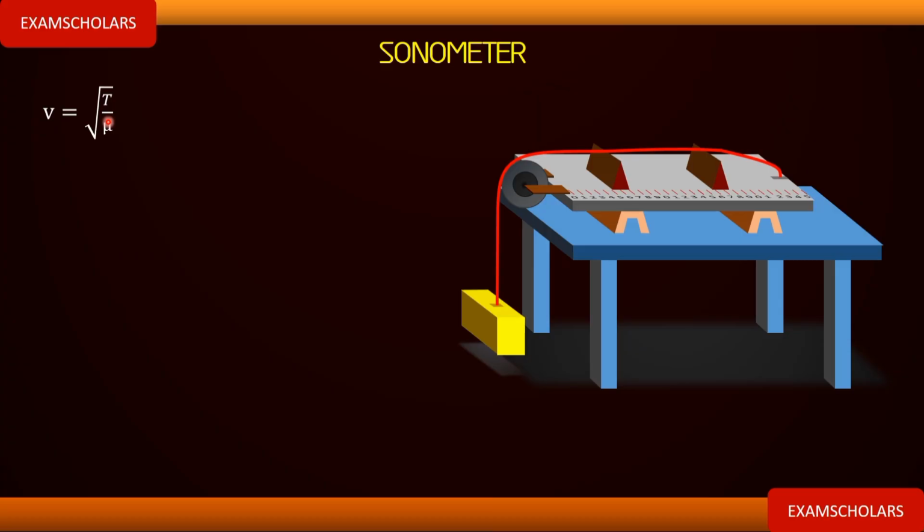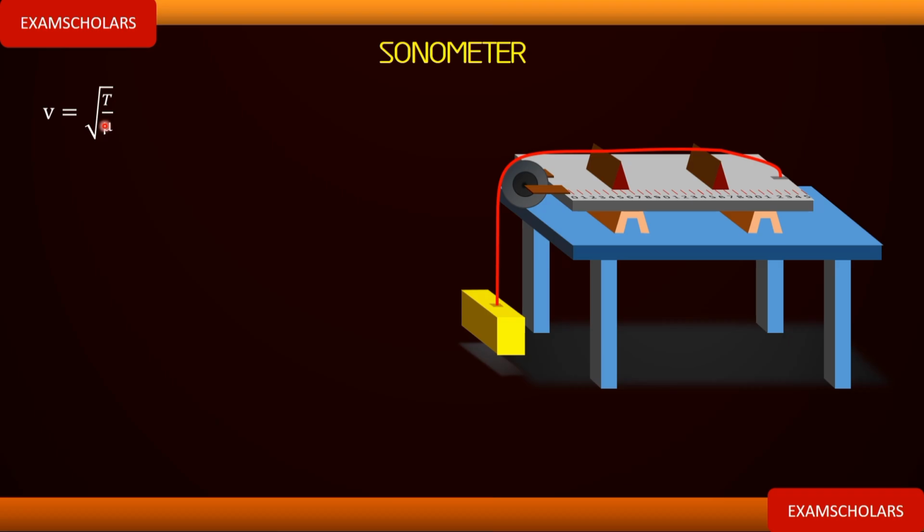Now you recall that the velocity of a sound wave in a material medium is the root of what? Elastic modulus divided by what? Density. If you have a liquid, just like water, it is going to be the root of what? Bulk modulus divided by the density of the liquid or fluid.